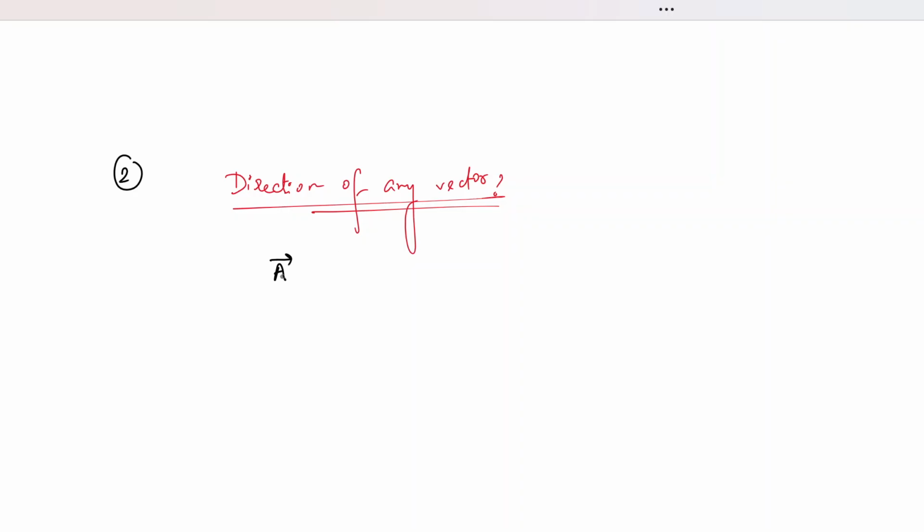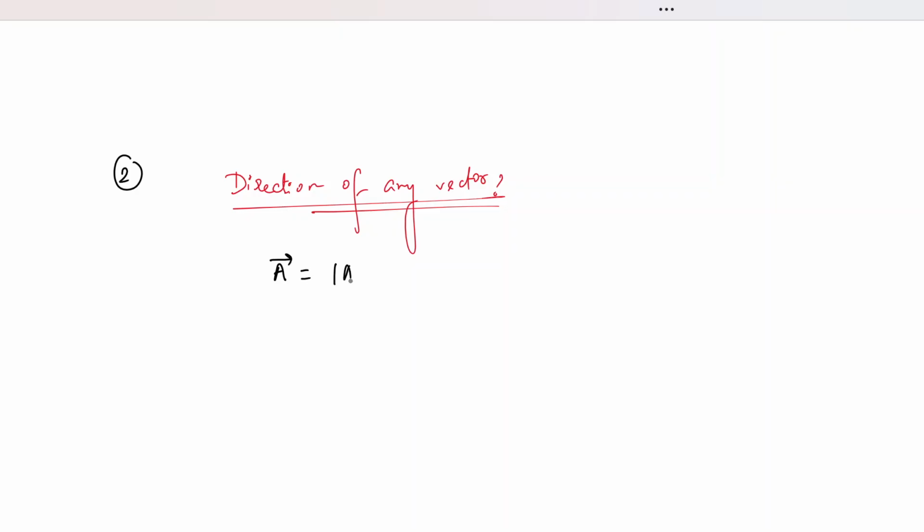The idea is how to derive the direction of any vector if the vector expression is given to you. So what is the mathematical formula? Let's say I am taking an arbitrary vector, a vector.